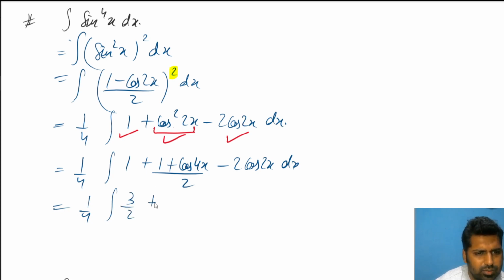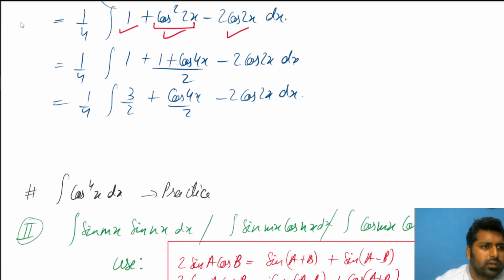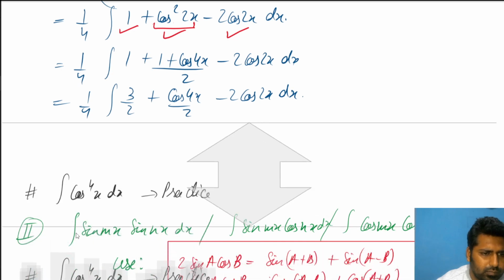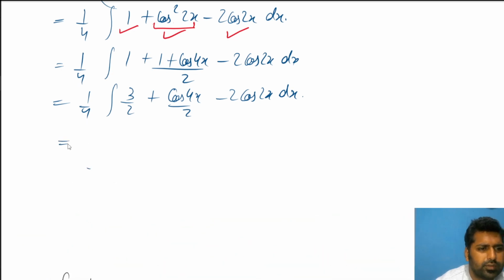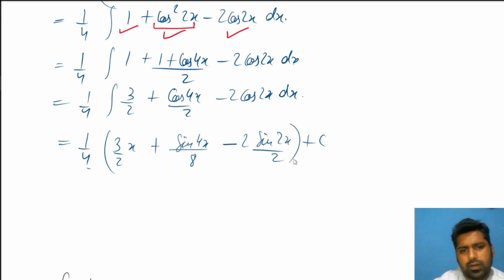So it becomes 3 by 2 plus cos 4x by 2 minus 2 cos 2x dx. So this becomes 1 by 4. Integration of 3 by 2 is 3 by 2 x, plus cos 4x integration is sine 4x by 4. Already 2 is here, so 8, minus this is 2 sine 2x by 2, plus c.